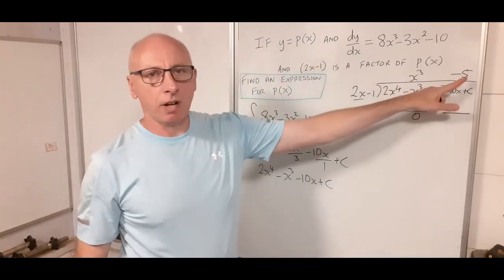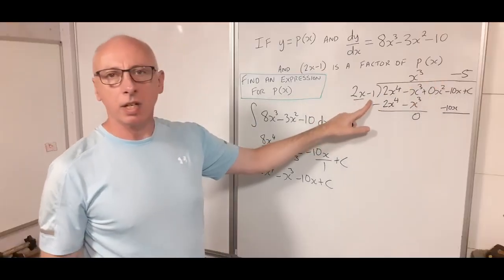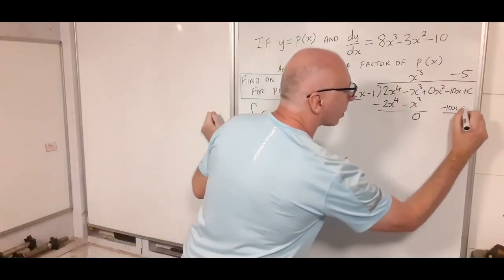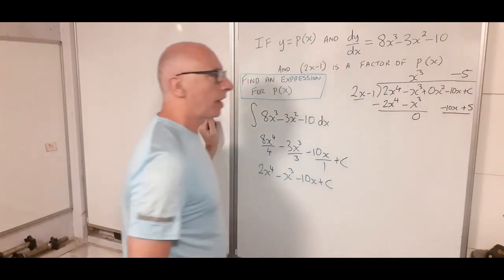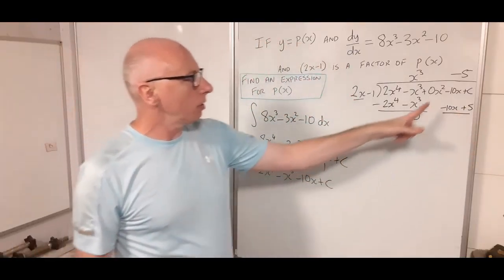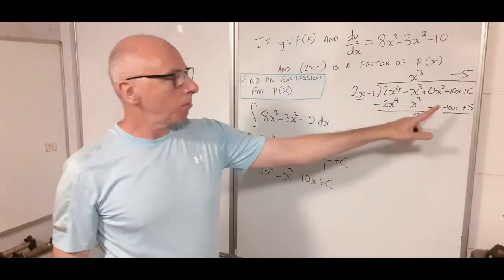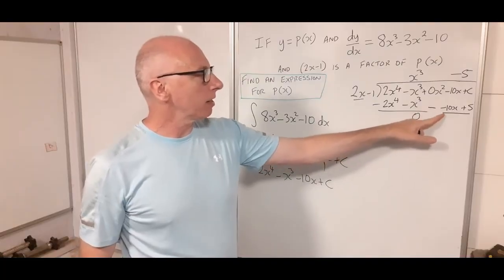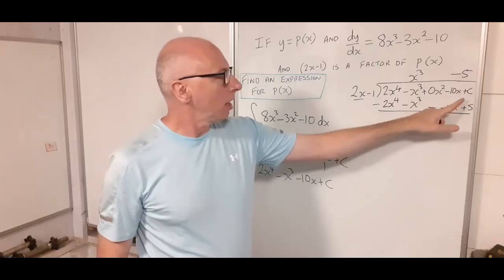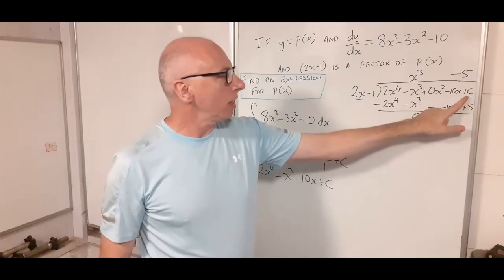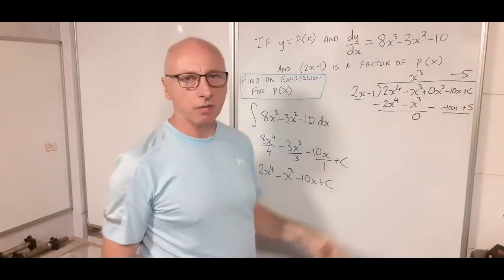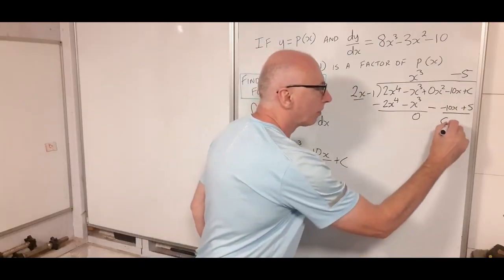And then minus 5 times minus 1 is plus 5. So we put a plus 5 there. And now we do what we did before, we just subtract. So minus 10x minus minus 10x, those are going to disappear. And then we've got c minus positive 5. That's all we have left.